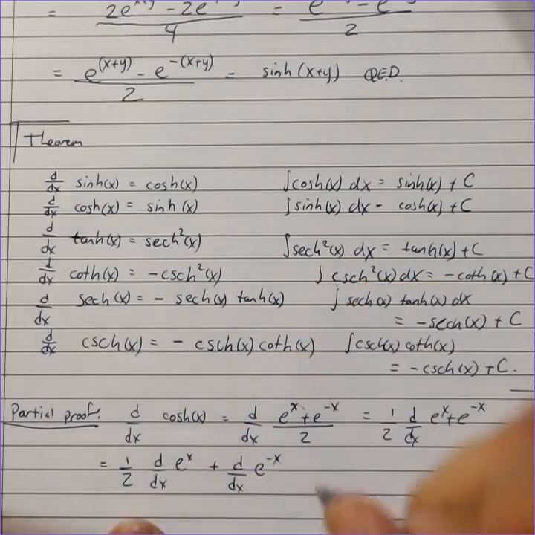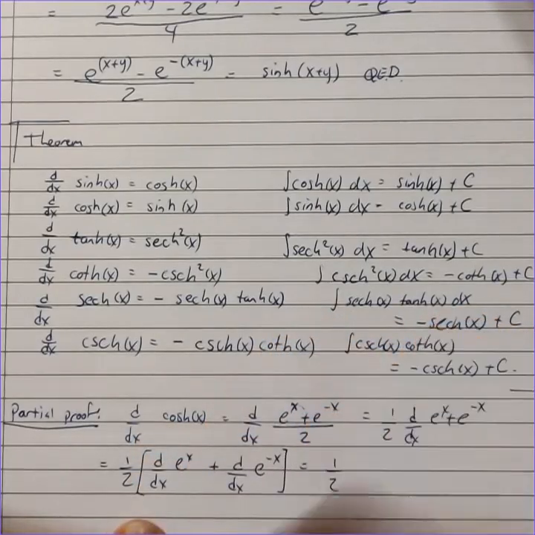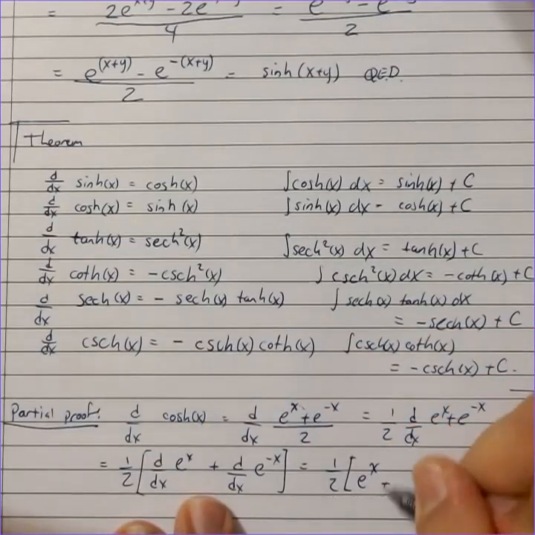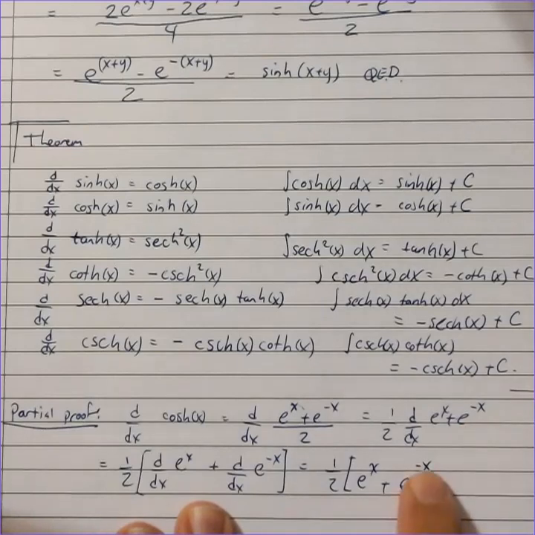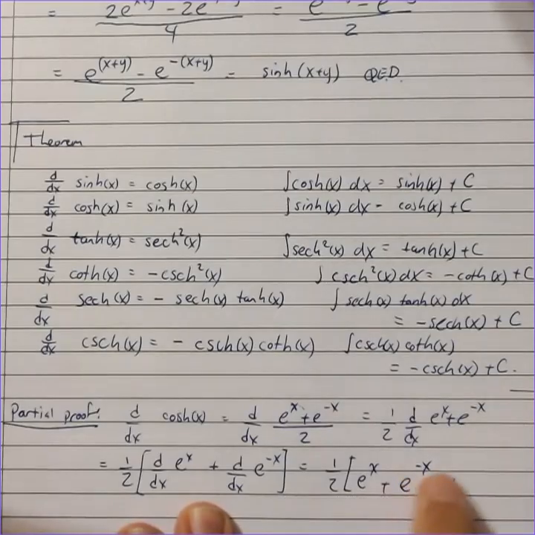Oh, but we know how to do both of those. That's 1/2 times. The derivative of e to the x is just e to the x again, plus the derivative of e to the minus x is e to the minus x. Oh, but now because of the chain rule, I have to multiply times a -1. So times -1 times the derivative of negative x.